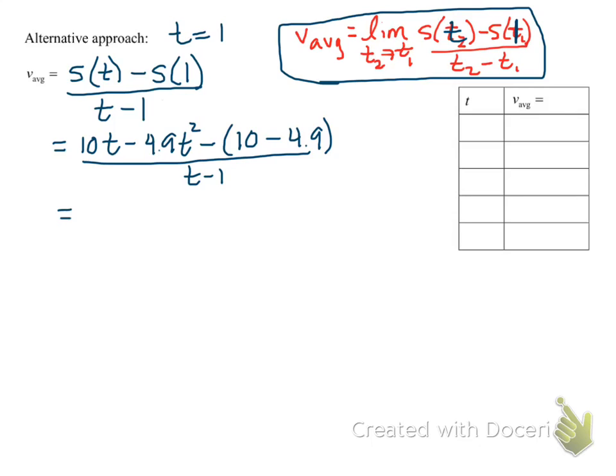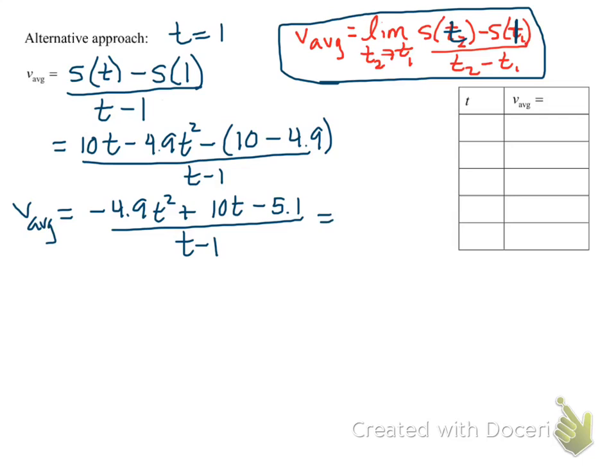So simplifying that just a little bit, we end up with a negative 4.9t squared plus 10t minus 5.1, all divided by t minus 1. So that's our average velocity.